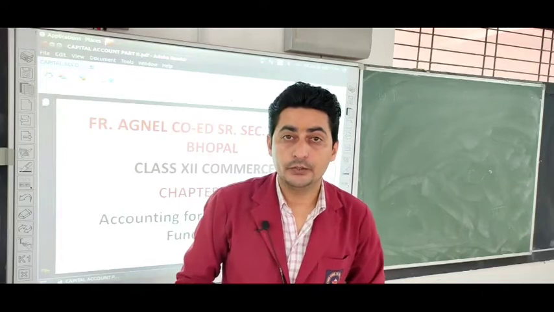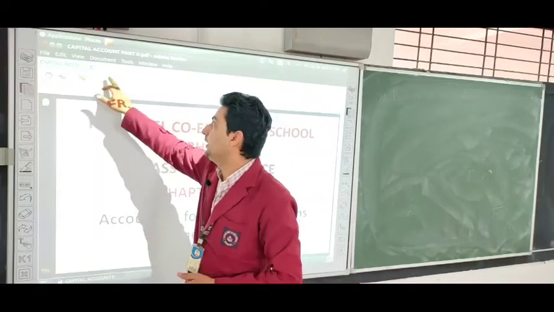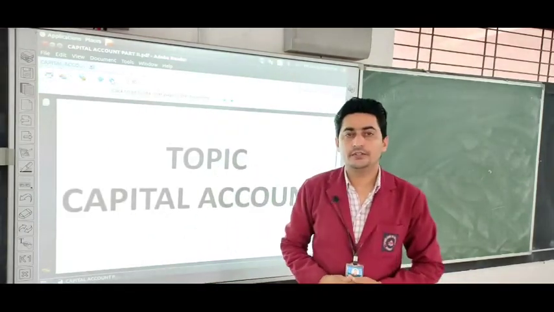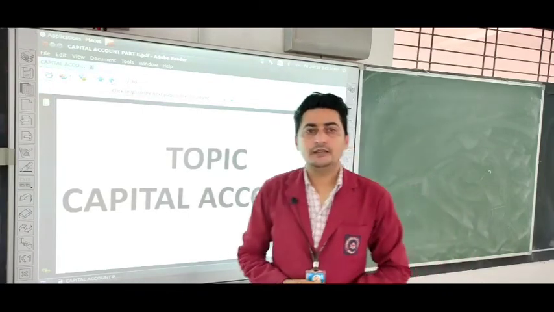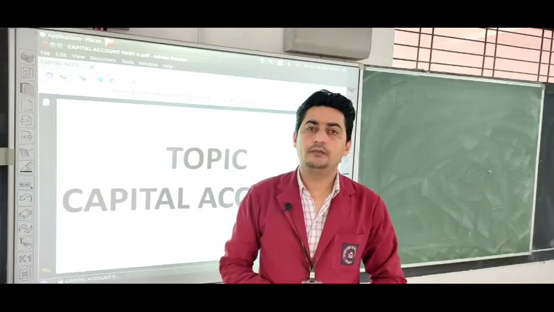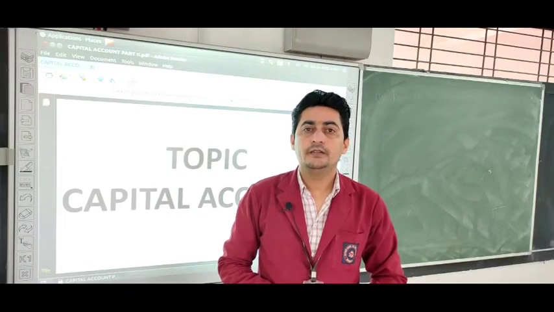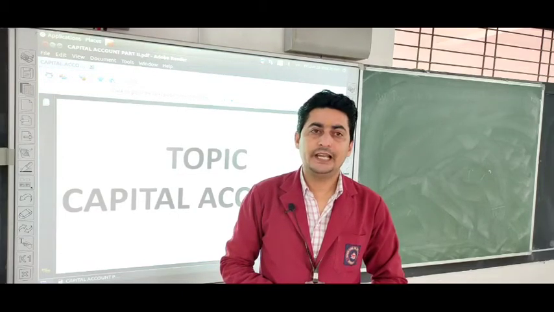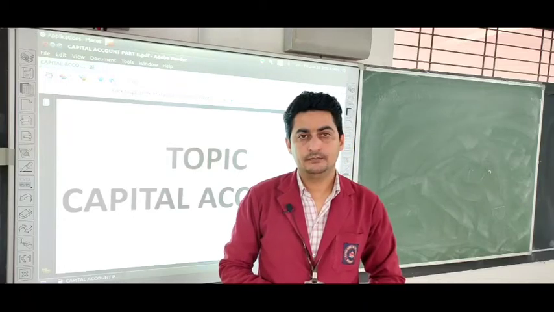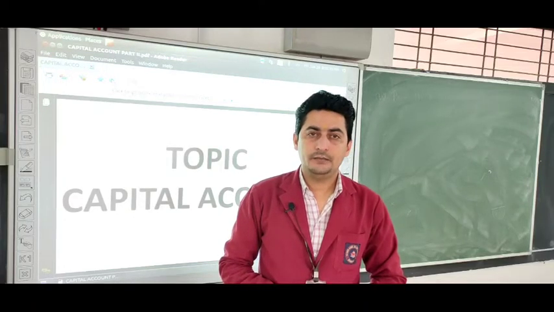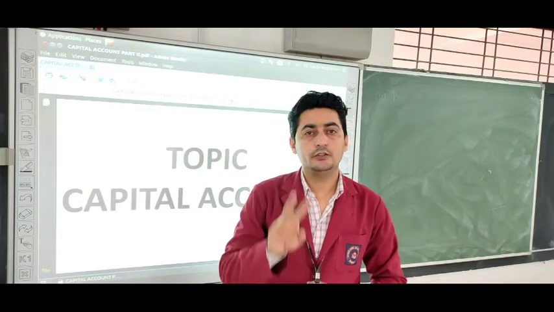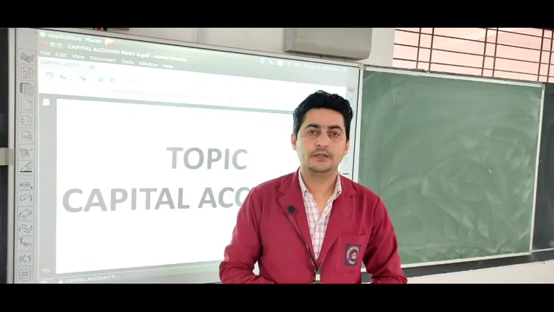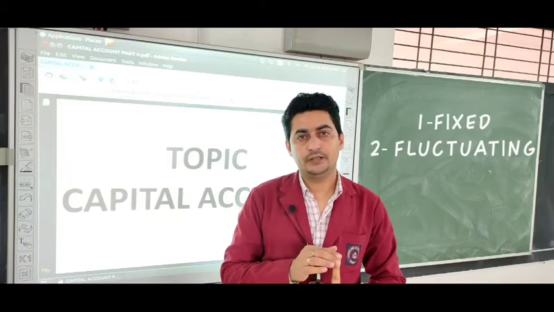Students, today we will do capital account. So today our topic is capital account. Partners are bringing in capital in the firm and we have to calculate the capital at the end of the financial year, because sometimes capital keeps on changing. There are two methods of capital, fixed method and fluctuating method.